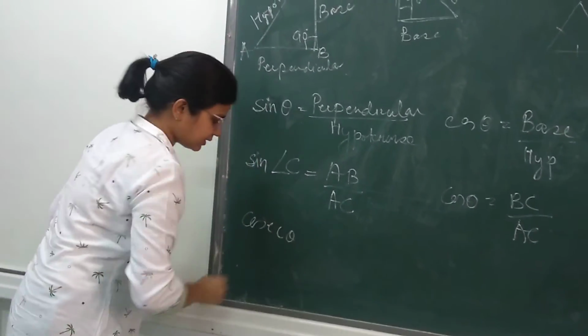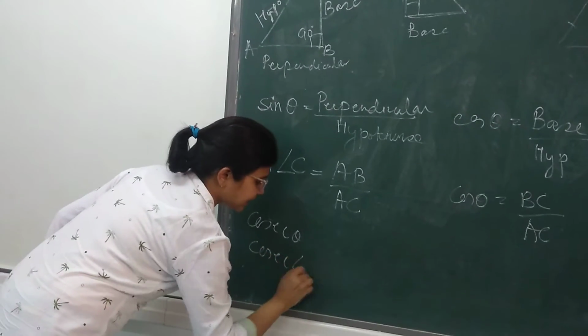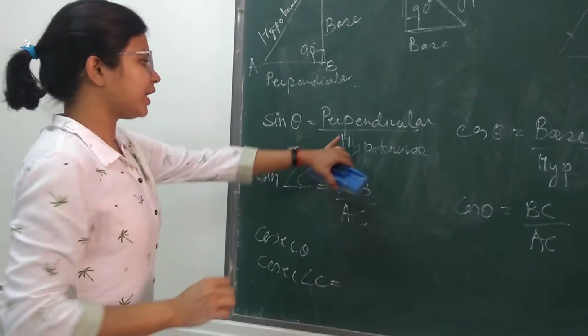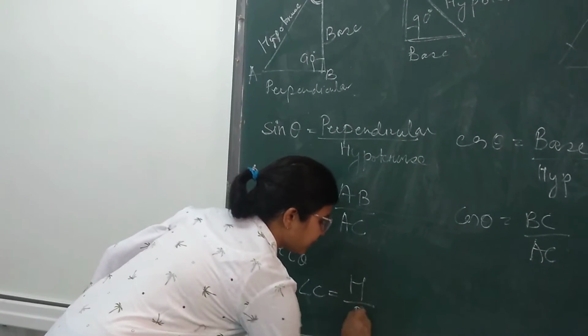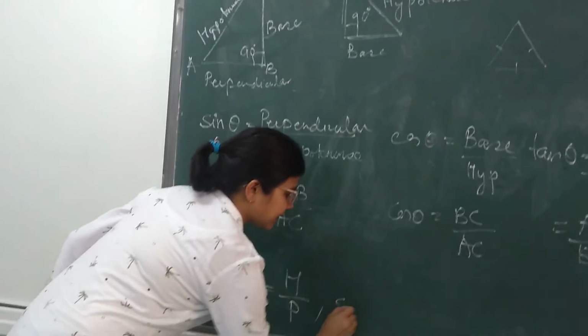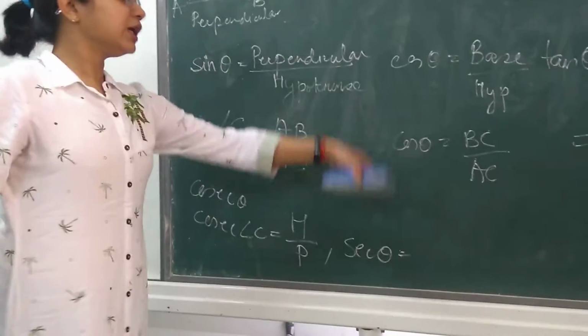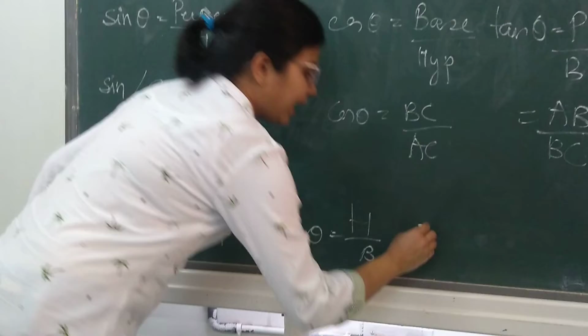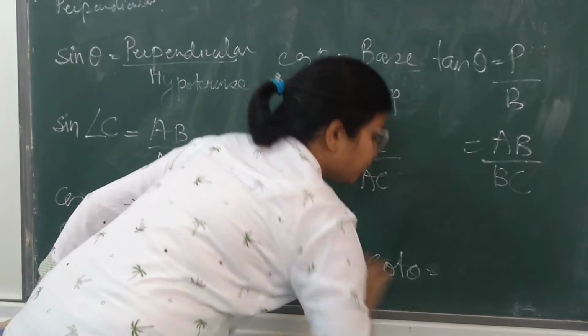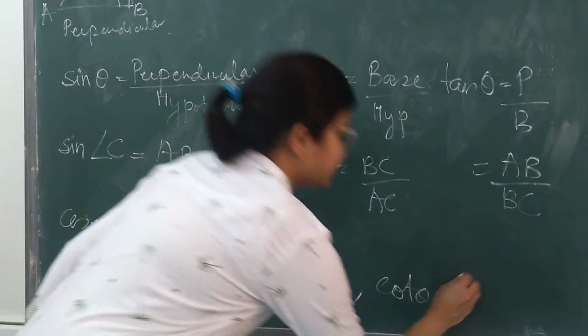So when we say cosec angle C, we are referring to the reciprocal of sine theta, which is hypotenuse by perpendicular. When we say sec theta, this is the reciprocal of cos theta. It is hypotenuse by base. And when we say cot theta, we mean the reciprocal of tan theta, that is base by perpendicular.